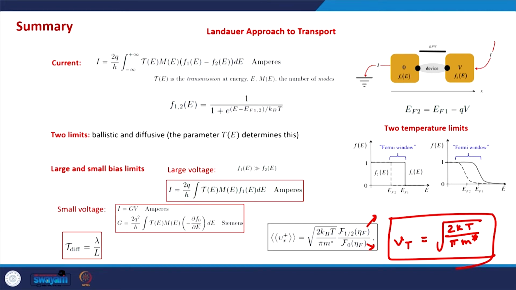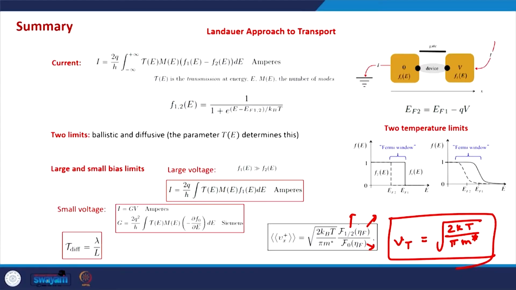However, when current is flowing through the device, in that case we cannot make this approximation, we cannot approximate the Fermi-Dirac integrals by the exponentials, and we need to explicitly solve for them.